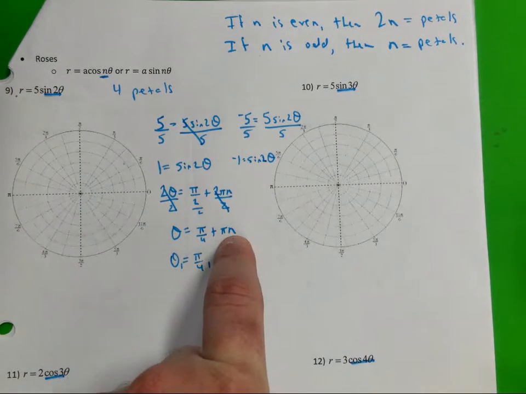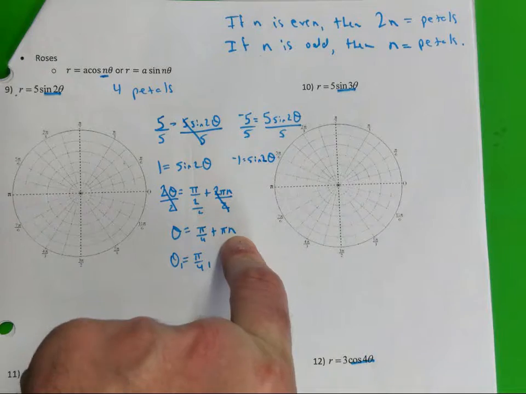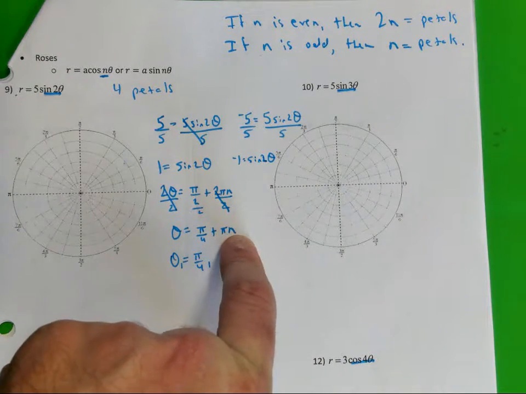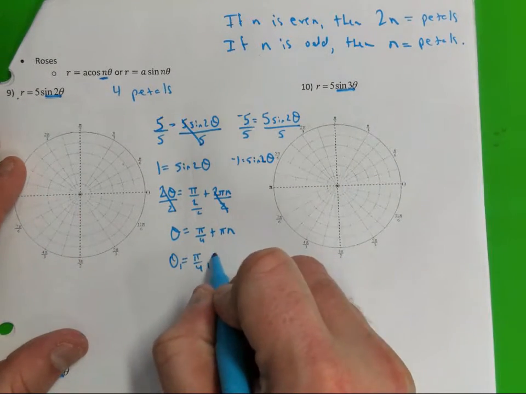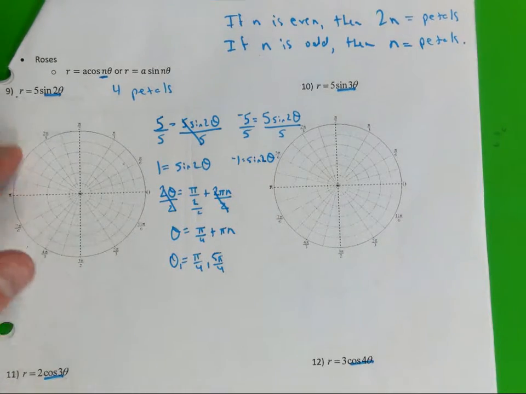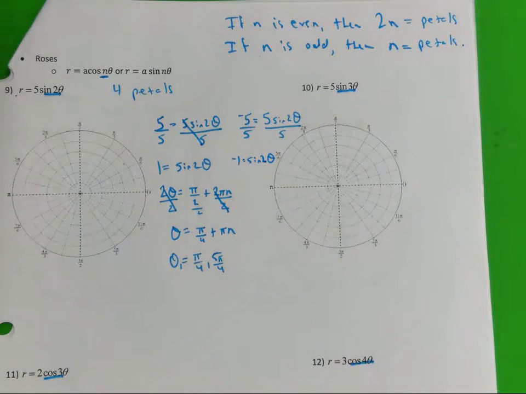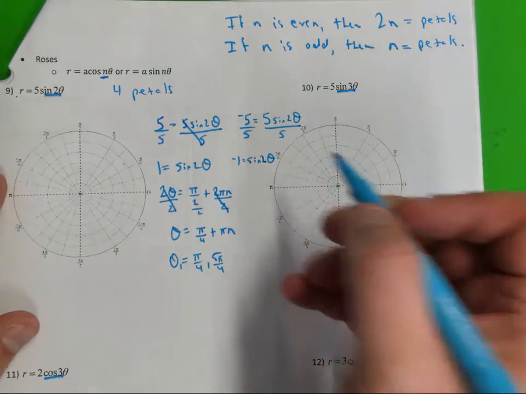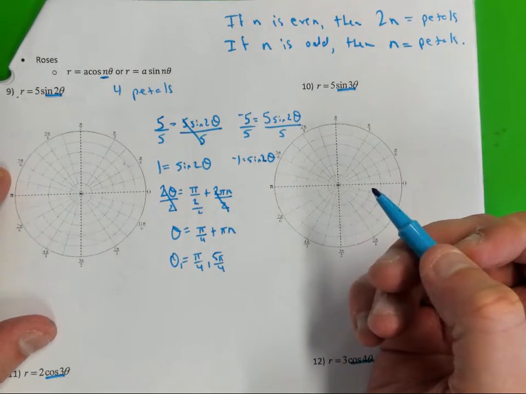I plug 1 in. 1 times pi is 1 pi. 1 pi plus 1/4 pi, you would type it in your calculator. What does 1 and 1/4 pi give you? 5 pi over 4. Very good. If I plug 2 in there, will it go over 2 pi? Mm-hmm. Now I'm going to go over to my other equation.